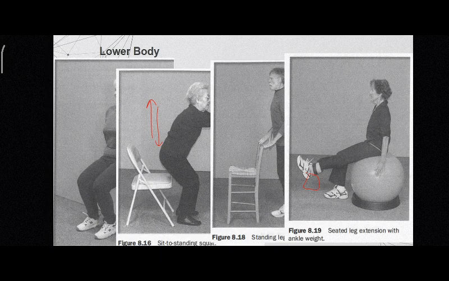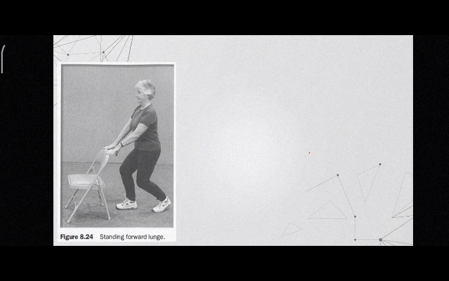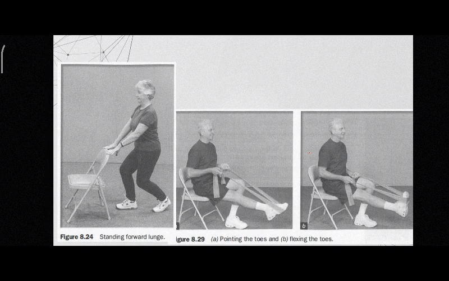Again, you can ask the patient to do a leg exercise, like leg extension exercise, while they are sitting on an exercise ball. Then you can ask the patient to do a standing forward lunge, and then you can use the resistance band to increase the strength of their ankle and the knee joint.